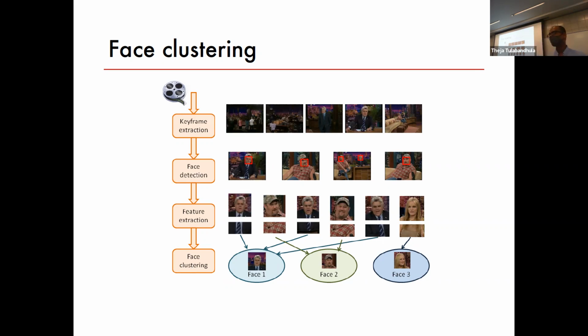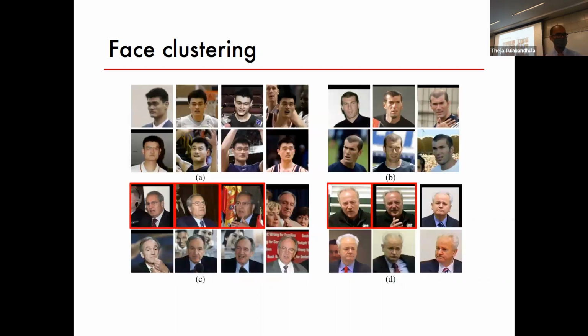So there is a bunch of steps that may be needed depending on the application. It's not always inputs that are ready for immediate use. Okay? So inputs may need to be pre-processed. So here's face clustering from some data set, I think from a research paper, perhaps.